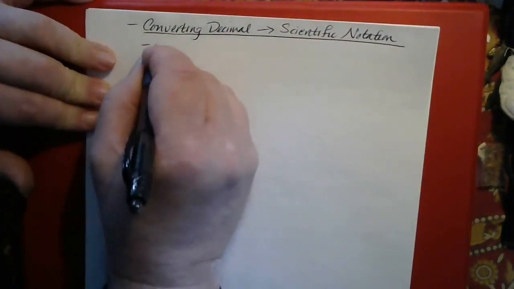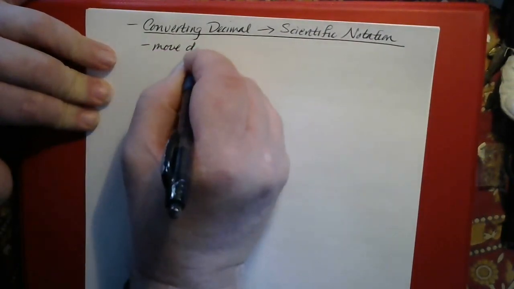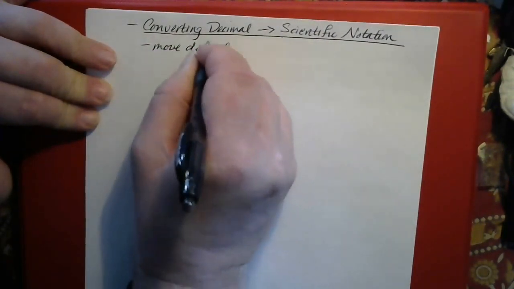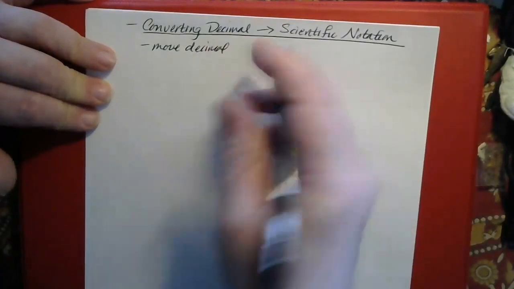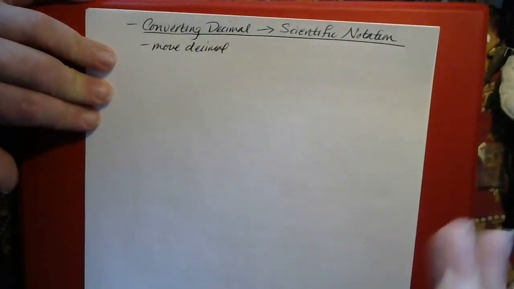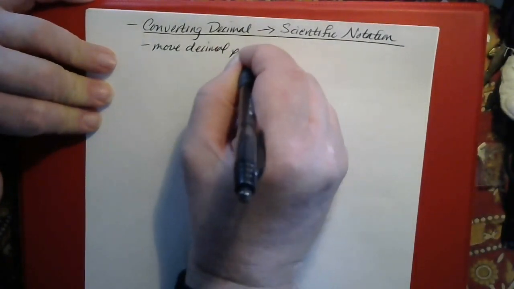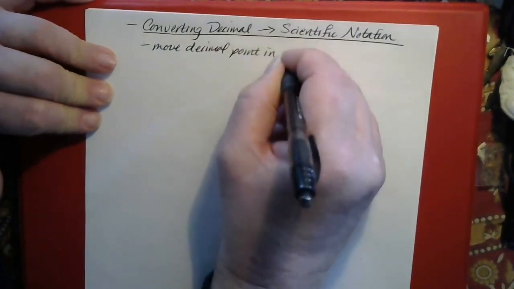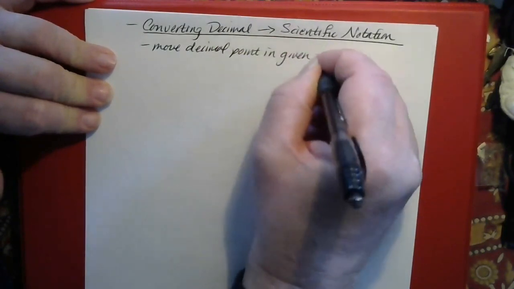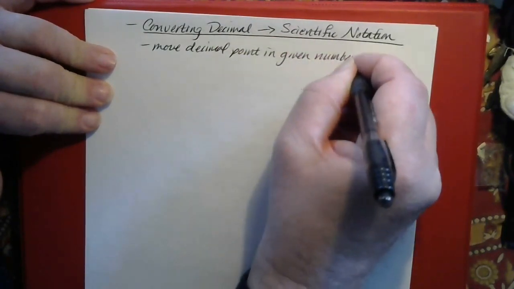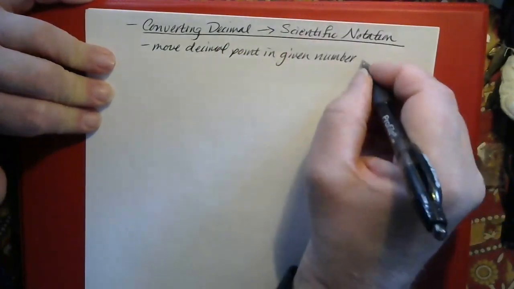What you want to do is move the decimal point in the given number until that number is between 1 and 10. You can move the decimal point either way to do that.